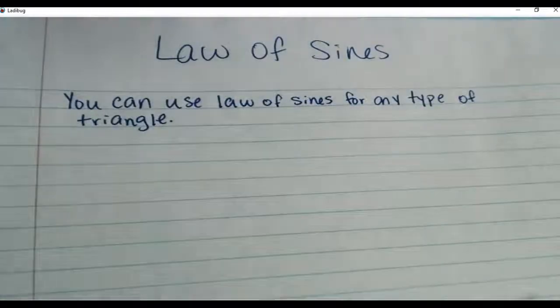In order to be able to use law of sines, you have to have one side and the angle opposite of the side.